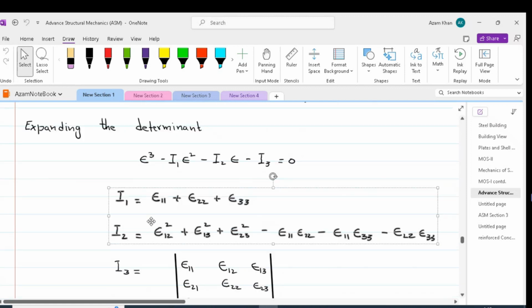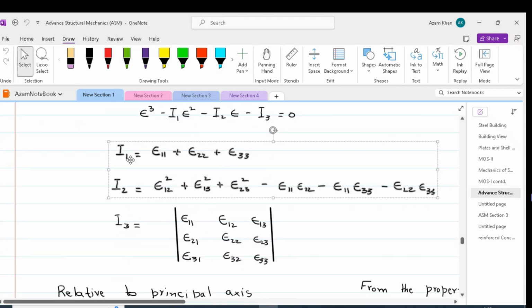From there we can get three different types of invariants, and please remember these invariants are constants. I1, I2, and I3 are called invariants because they don't vary with the orientation of the coordinate axis. So our first invariant looked like this: I1 equal to strain 11 plus strain 22 plus strain 33, which is the so-called volumetric strain.